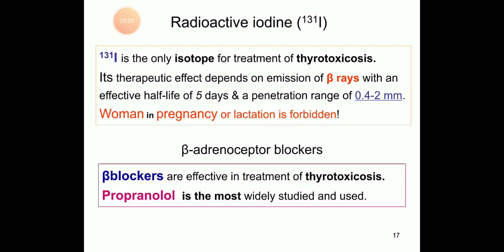Now, in case of the treatment of thyroid crisis, you will hospitalize the patient, preferably in intensive care unit. The treatment of the precipitating cause should be done. Large doses of the antithyroid drug like propylthiouracil is usually preferred because it inhibits peripheral conversion of T4 to T3.